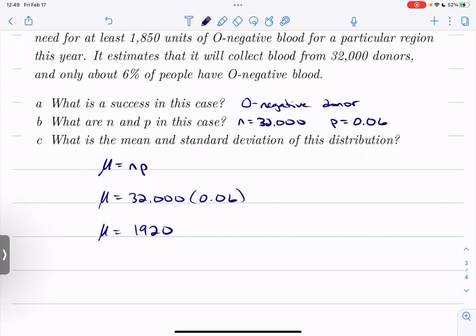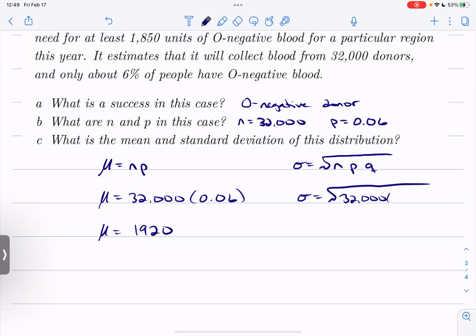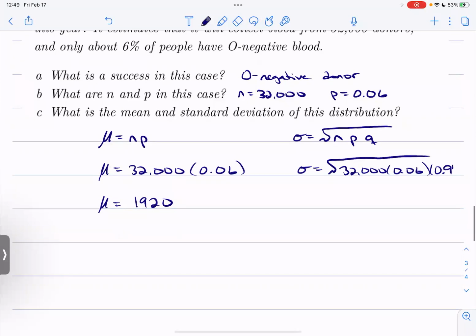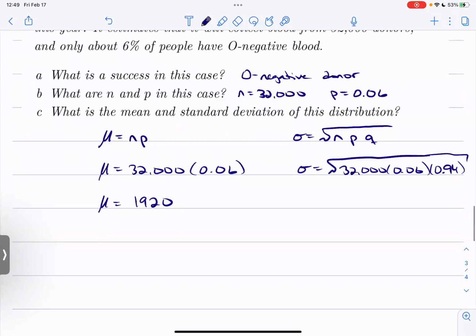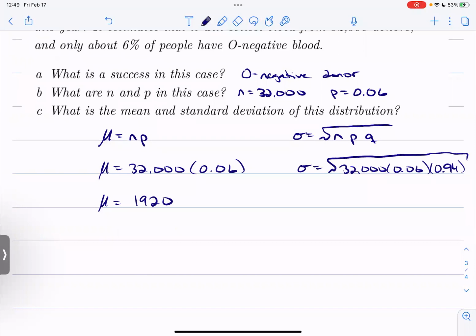That's my expected value, but we also know that there's variability around that. Sigma is the square root of NPQ: 32,000 times 0.06 times 0.94, and then square root that. I get a sigma of 42.48293775.